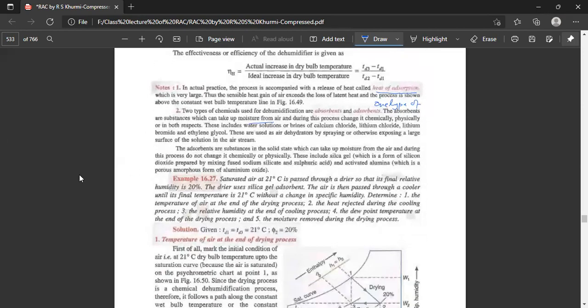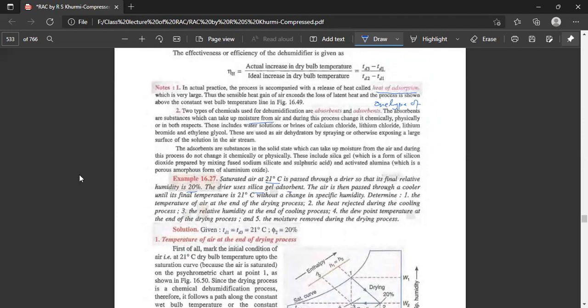Next, let us go for the sample problem. Saturated air at 21 degrees centigrade is passed through a dryer so that its final relative humidity is 20%. The dryer uses silica gel absorbent.